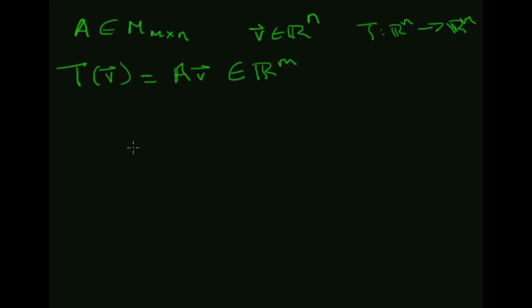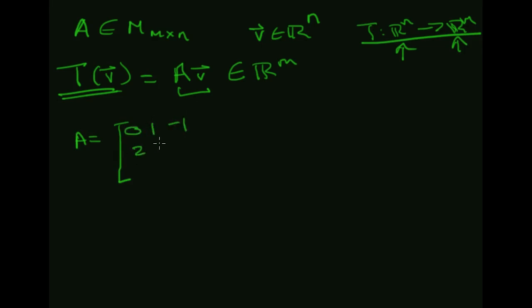So basically you can represent a linear transformation going from R^n to R^m as a matrix times a vector. Let's do an example here. Let A be 0, 1, negative 1, 2, 3, 0, 4, 2, 1. So this is my matrix, and it's going to eat some vector. This vector is going to be 1, 2, 3.